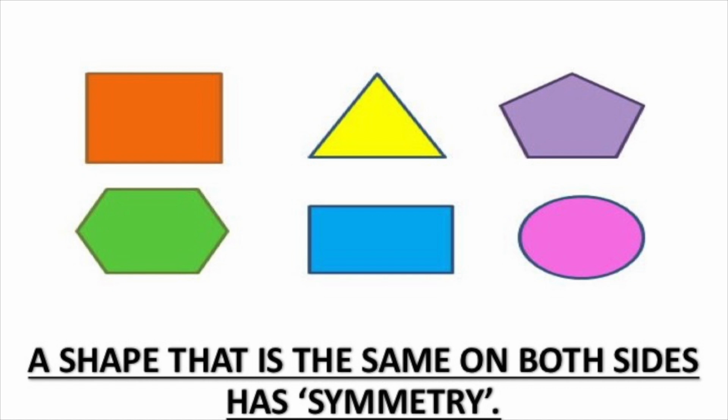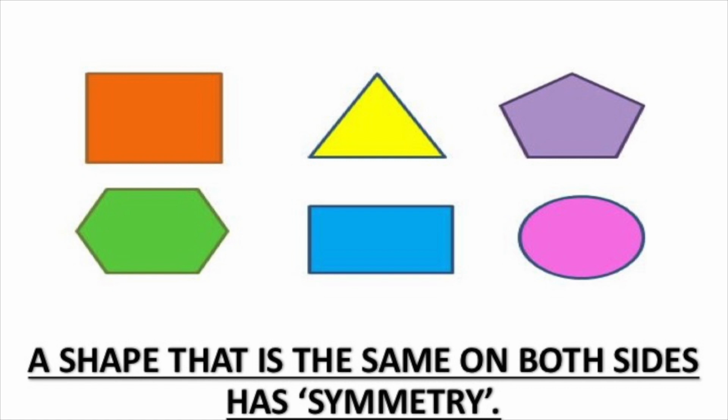A shape that is the same on both sides has symmetry. Like we did on the board earlier, if I draw a line down the center of the square, I create 2 symmetrical sides.